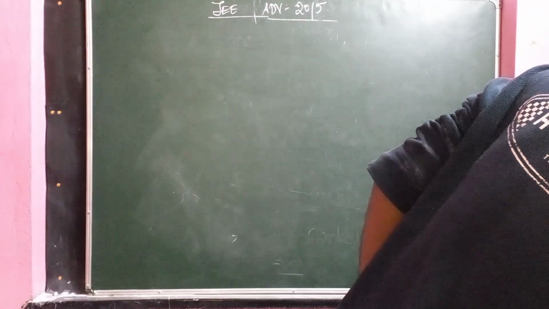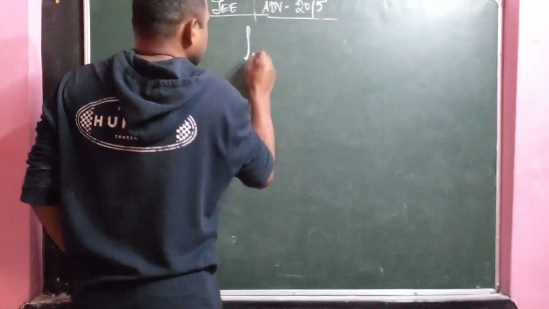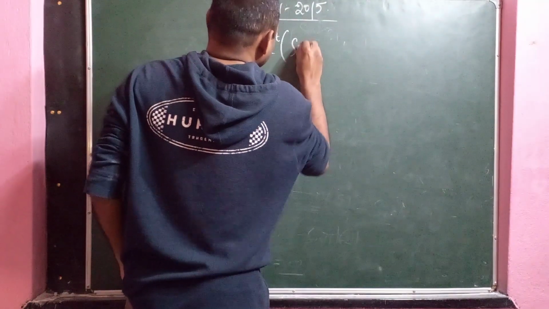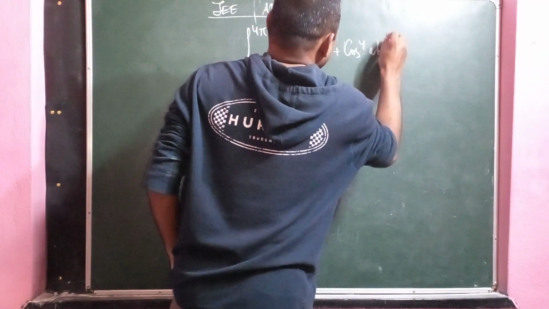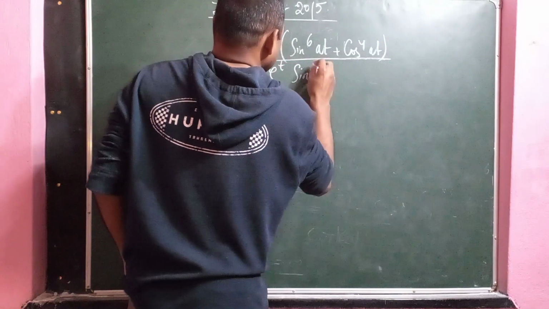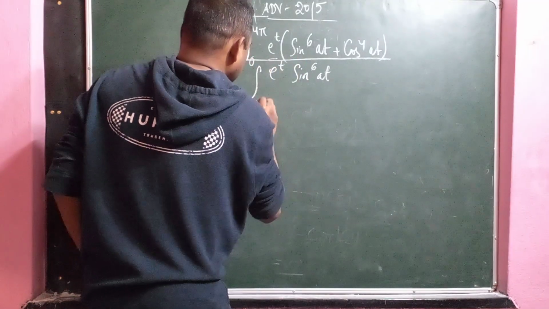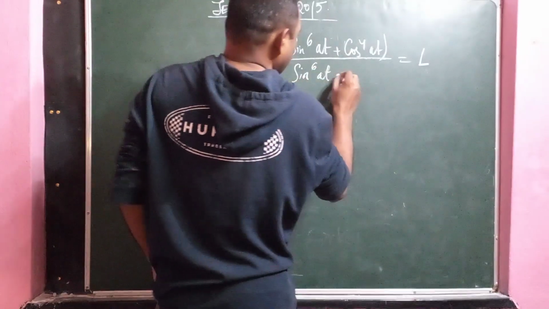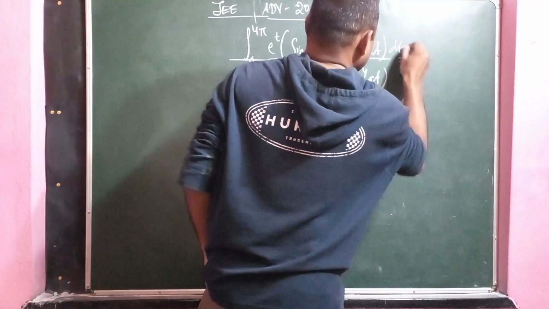Was this sin 6θ cos 4θ? Okay. Integration 0 to 4 pi e to the power t (sin 6θ plus cos 4θ) divided by e to the power t (sin 6θ, and this integration is only 0 to pi, and this ratio is L. Now find out the L. 0 to pi cos 4θ, dt.